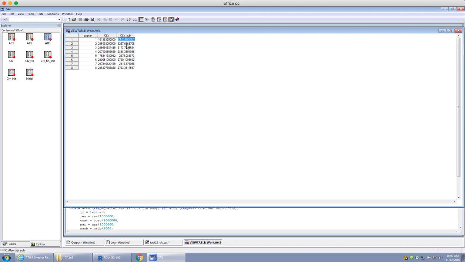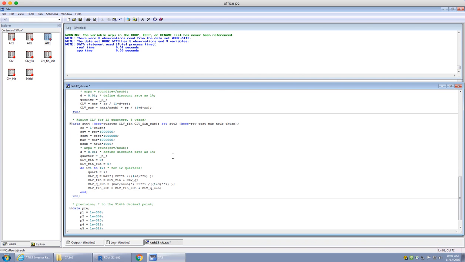It varies by quarter, so maybe they did a little better in 2015 first quarter because it went up to 3,200, and that seems to be the maximum. There is some variance, but roughly around $3,000 is the CLV value that AT&T is getting per subscriber.